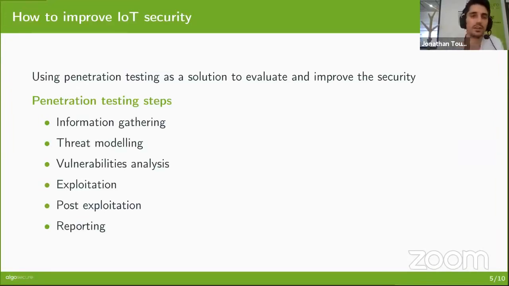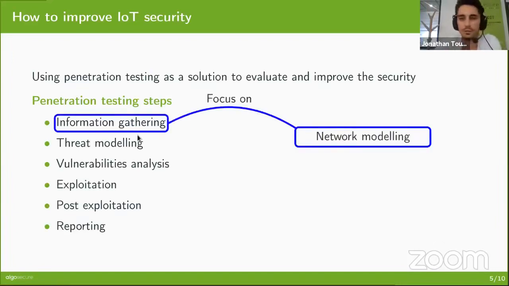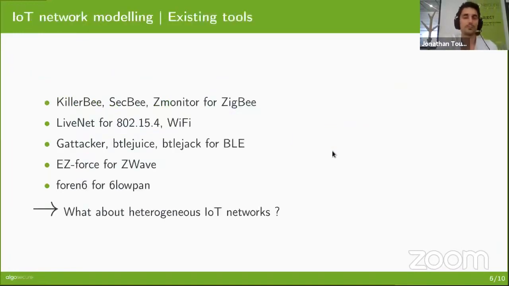Penetration testing follows a methodology divided into different steps. In this presentation, we will focus on the first step, the information gathering step, or more precisely, how to model networks. Of course, there exist many tools to play with IoT protocols. I can name KillerBee and Z-Monitor for ZigBee protocols.